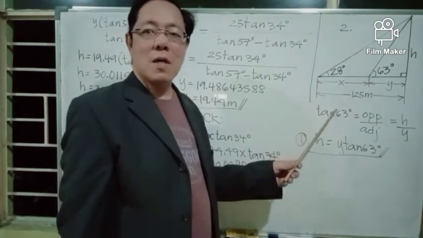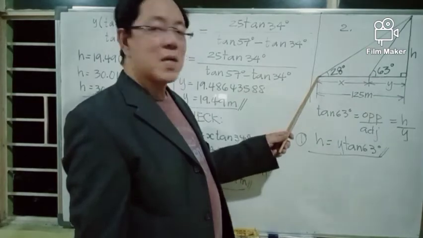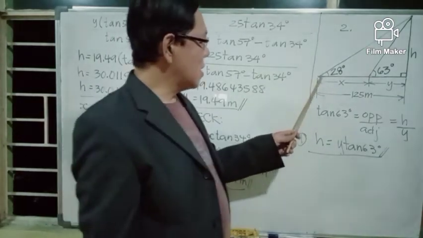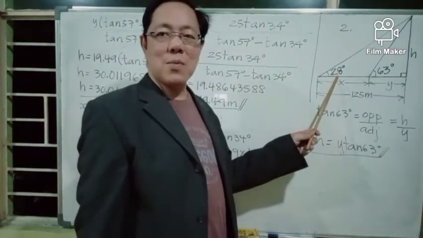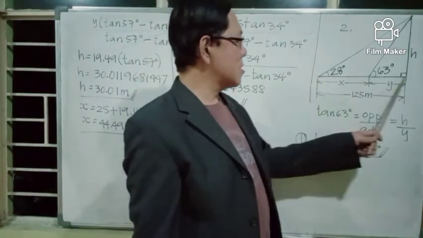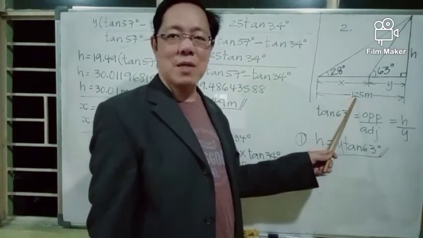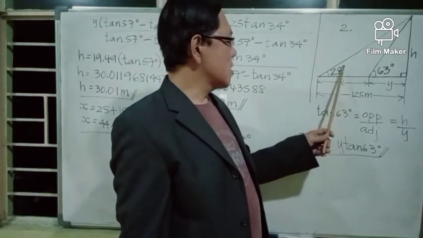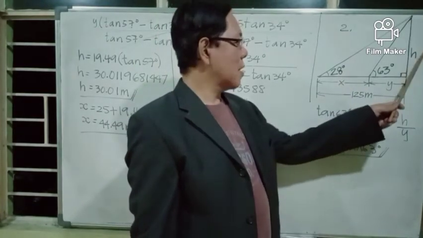Now we use the bigger right triangle with a given acute angle of 28 degrees, an adjacent side of 125 meters, and the side opposite the acute angle 28 degrees being h.